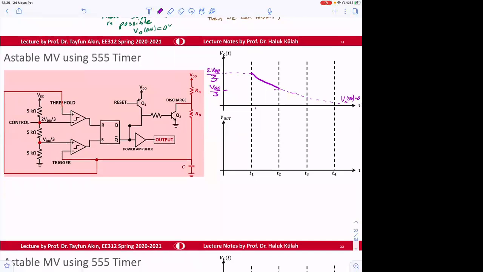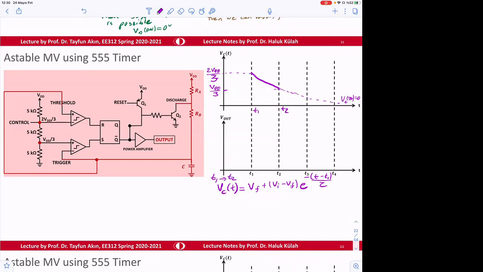Okay, so let's say this is T1, T2. VC of t in that period, between T1 and T2, is going to be equal to V final plus V initial minus V final times e to the power minus (t minus T1) divided by tau.